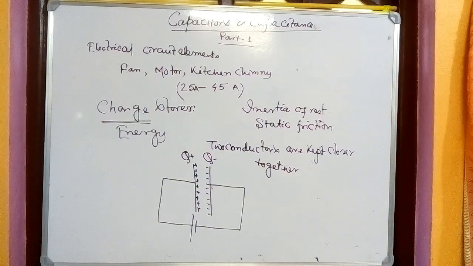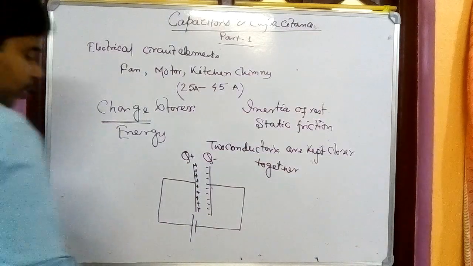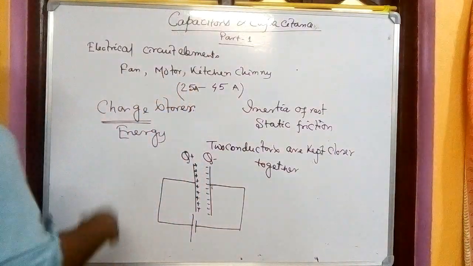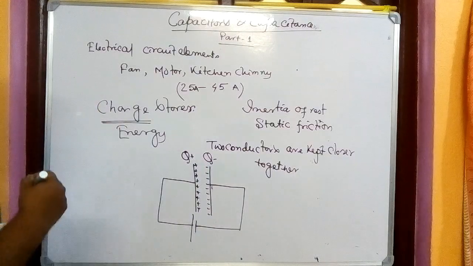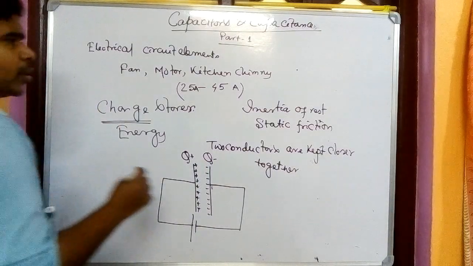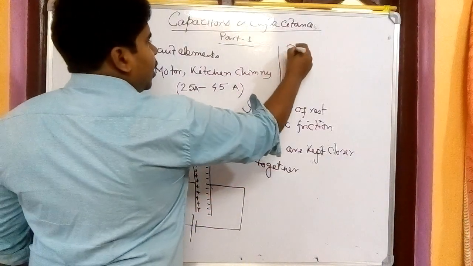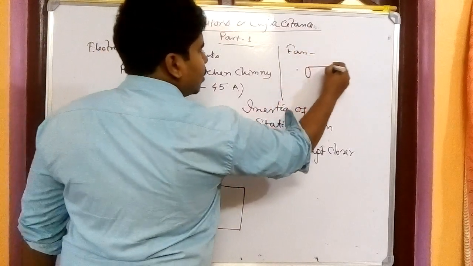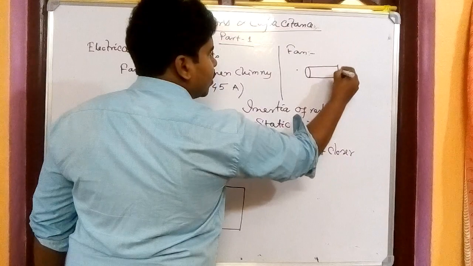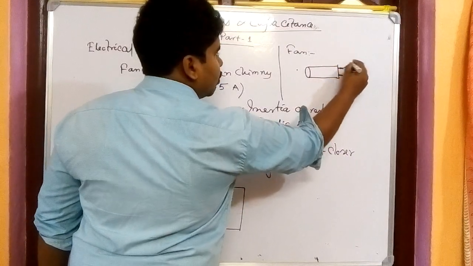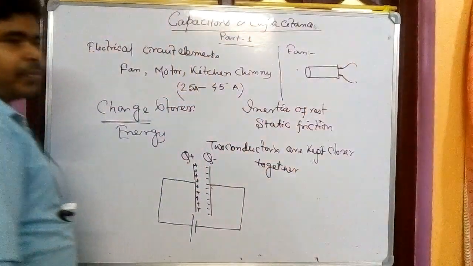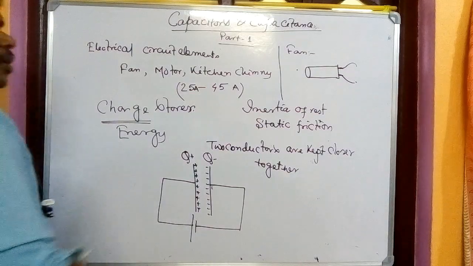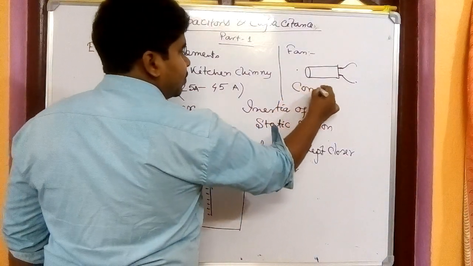Now we'll go for the equations. But before going to the equation, I'll make you remember one thing. In an electric fan, most of you have seen a cylindrical thing with two wires coming out, which is called a condenser.